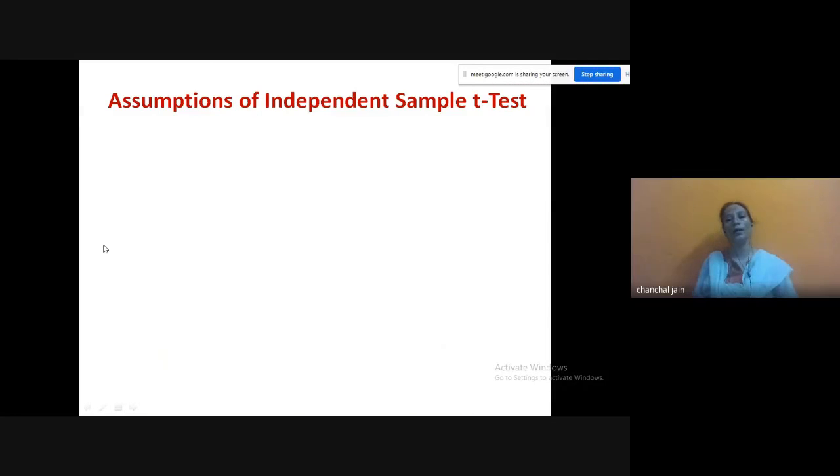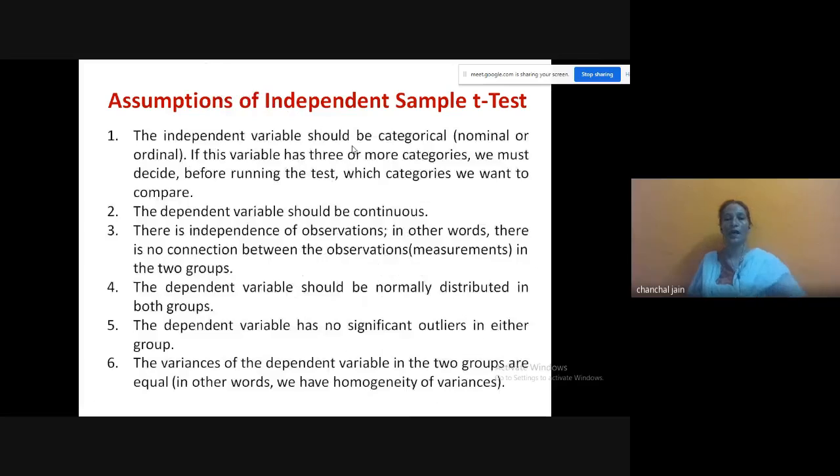Whenever you are calculating the independent sample t test, either manually or with the help of SPSS or any other software, firstly you need to check the assumptions. The first one is that the independent variable should be categorical, that means measured either on a nominal scale or an ordinal scale.